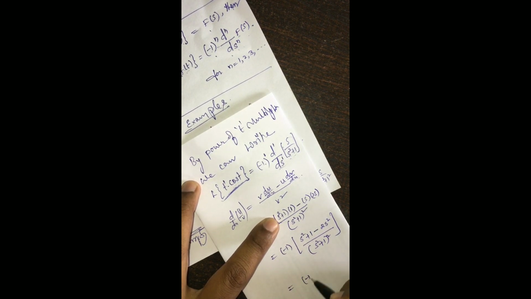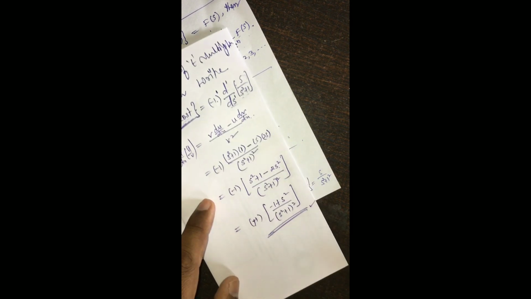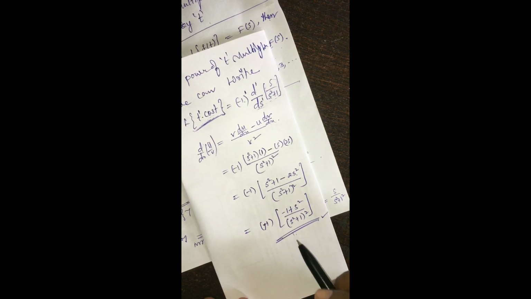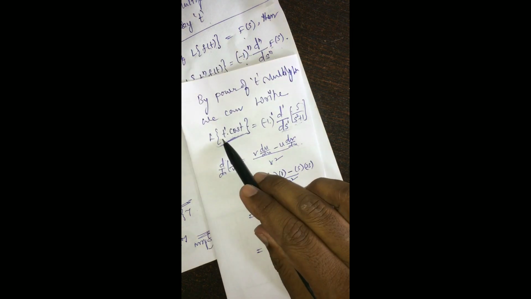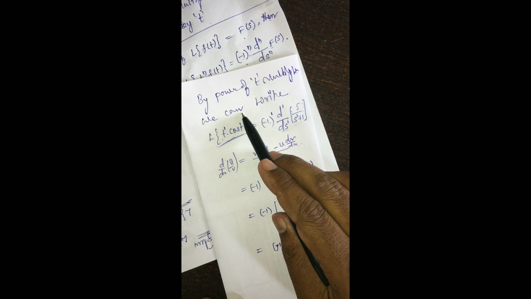Now minus 1 into 1 minus s square by s square plus 1 whole square. This way we can write, or you multiply the s square in here and you will get like this. This is the Laplace transform of this one by using the multiplication by power of t. Okay.